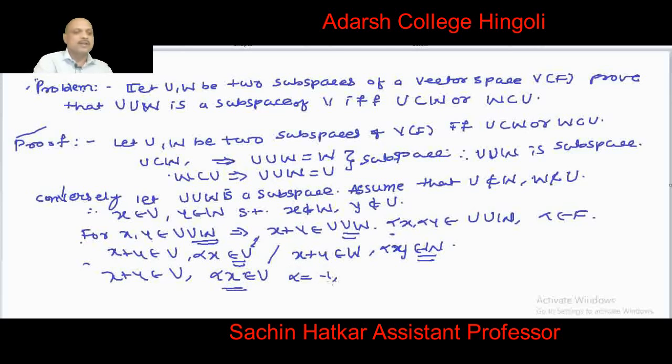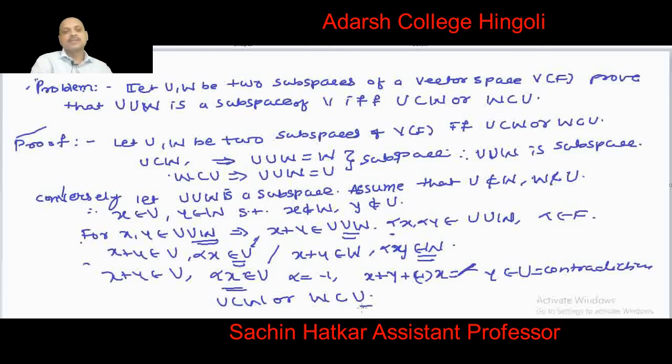As U is a subspace, it is closed under addition, and hence x plus y plus (-1) times x is a member of U. So what we get here is equal to y, and this is a member of U. This is a contradiction, since we assumed that y is not a member of U. Hence either U is a subset of W or W is a subset of U whenever U union W is a subspace.